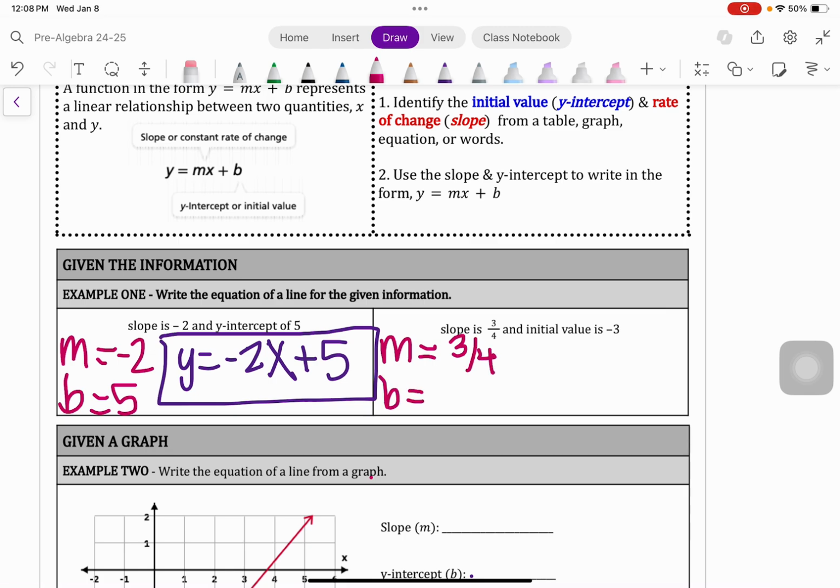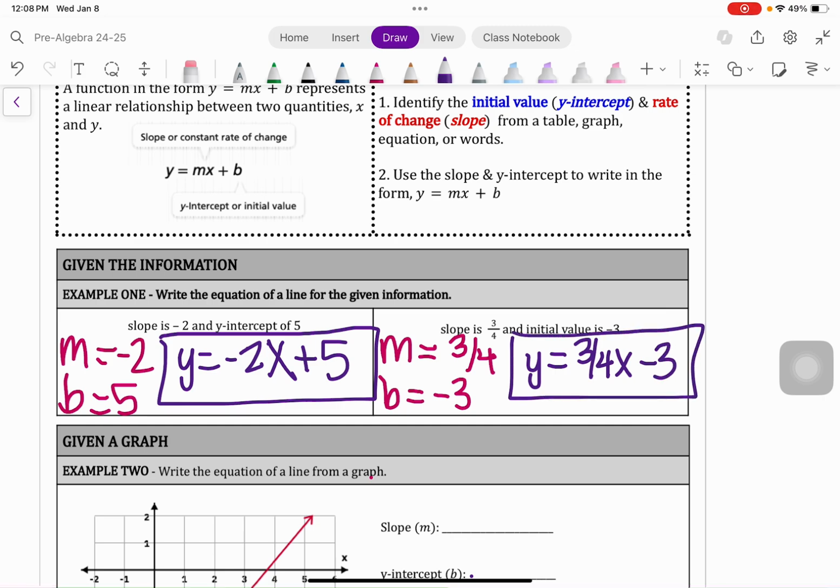My y-intercept, my initial value, is my b, and that's -3. So to write my equation, it's y = 3/4x - 3, because the slope goes next to the x, and my y-intercept is -3.